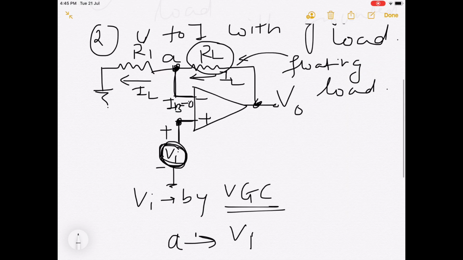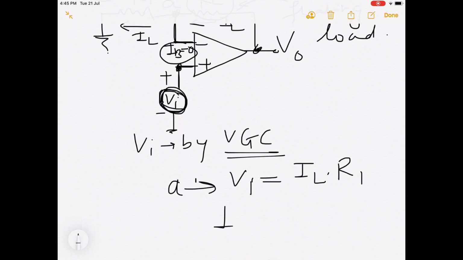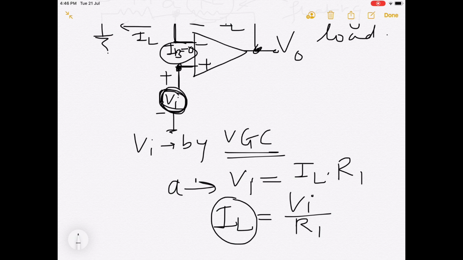Therefore, IB is 0 because input impedance is very high. So, what is Vi then? Vi is equal to IL into R1. Then your IL is nothing but Vi divided by R1. So, here the output is the load current and is equal to Vi by R1.